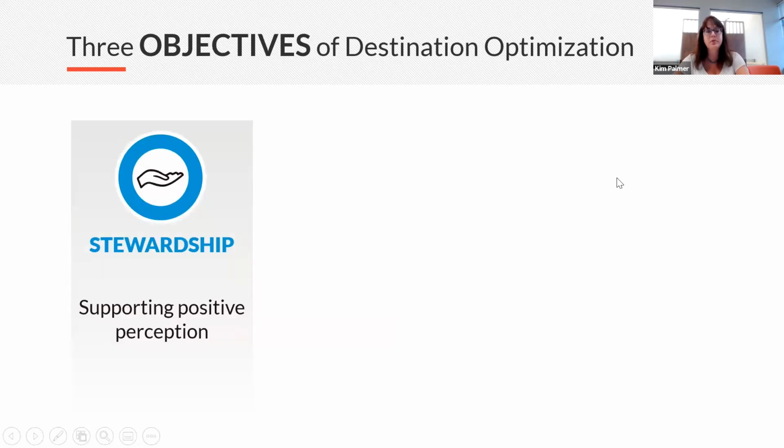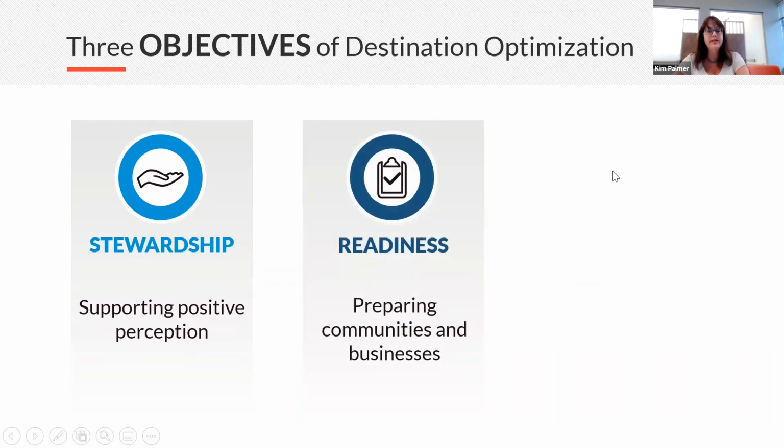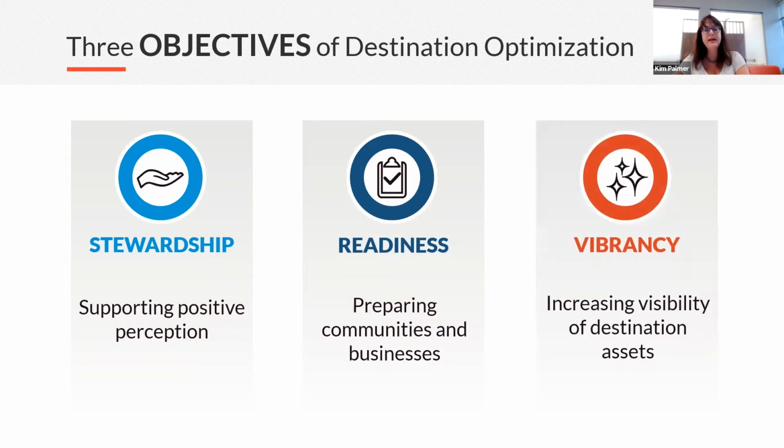Stewardship involves supporting a positive perception of your market. Then there's readiness. Readiness is when we are going hands-on to the businesses in the community and preparing them to be more digitally upskilled. And the last is vibrancy, where we are increasing the visibility and reach of your existing destination assets. So I'd like to tell you a little bit more about each of those.